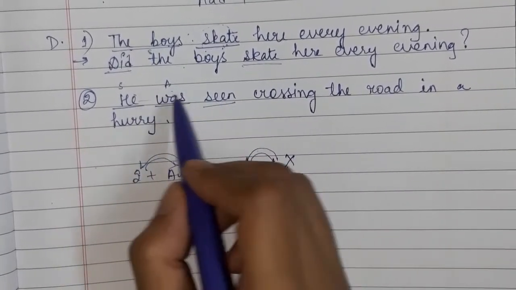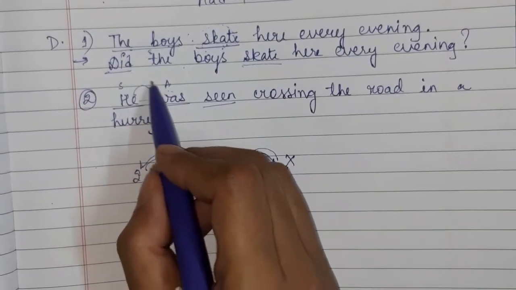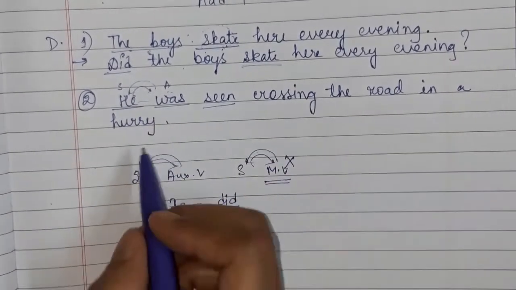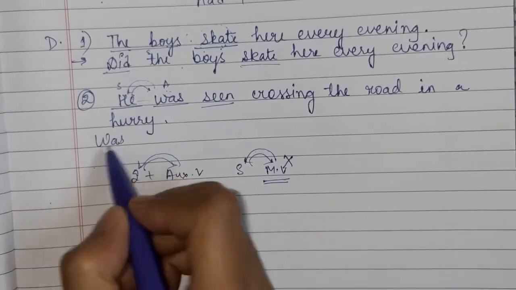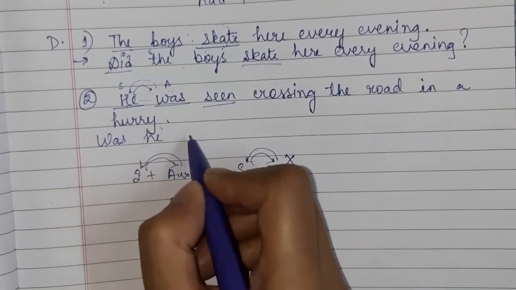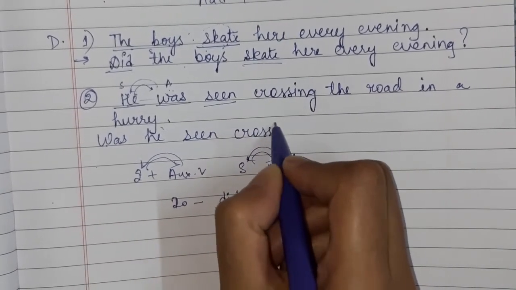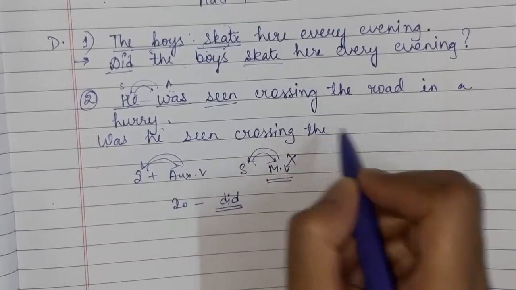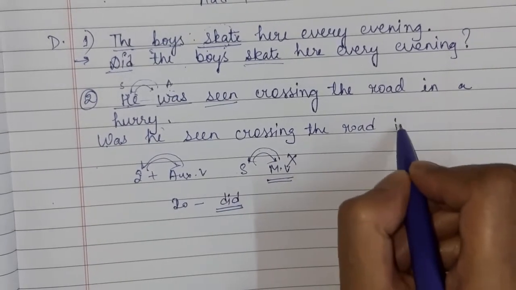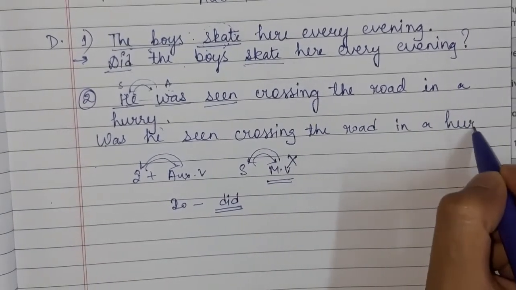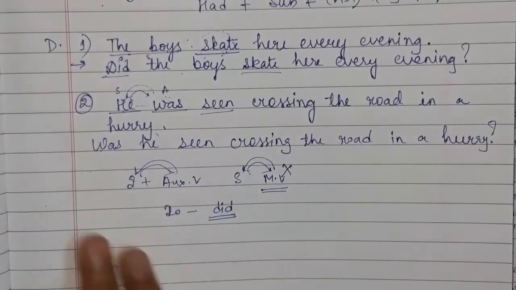This sentence has an auxiliary verb, so just change the places of the subject and auxiliary verb. So was will come first, he will go back: was he seen crossing the road in a hurry? And your question is ready.